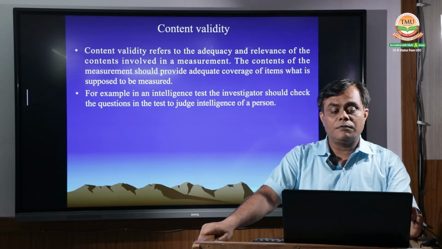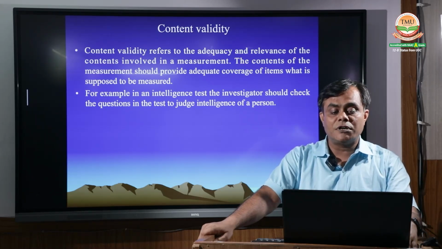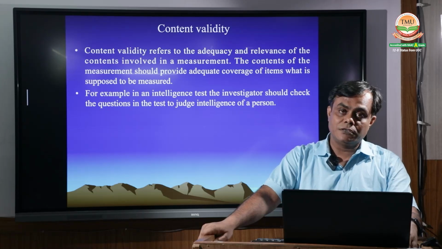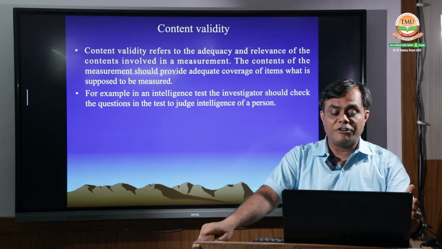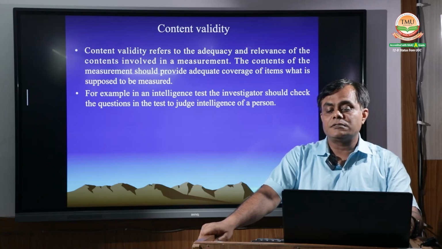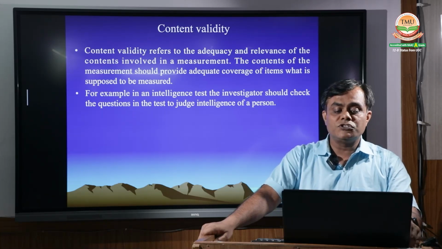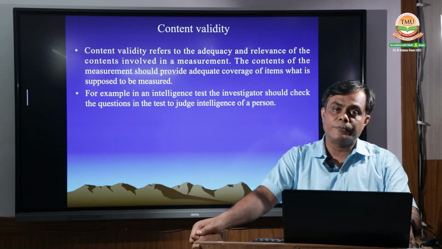The content of the measurement should provide adequate coverage of the item that is supposed to be measured, and that gives higher validity. For example, in an intelligence test, the investigator should check that the questions actually judge the intelligence of the person.